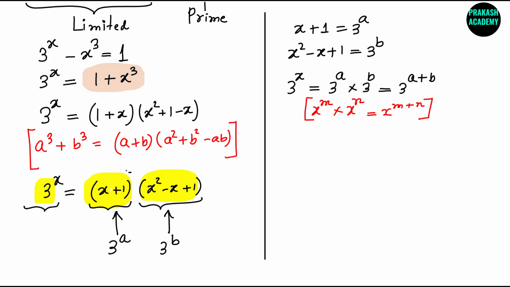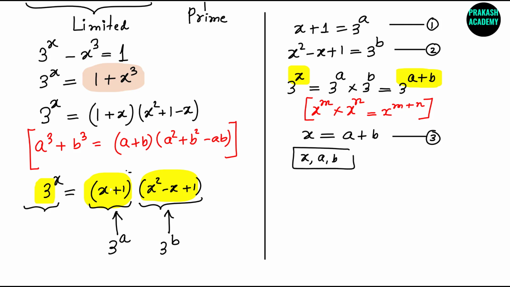From here, I can say that x is equal to a plus b. So I have the third equation, that is x is equal to a plus b. Now I have three equations, one is this, another is this, and the third one is this, and we have three unknowns, that is x, a and b. So we can basically solve for the unknowns.